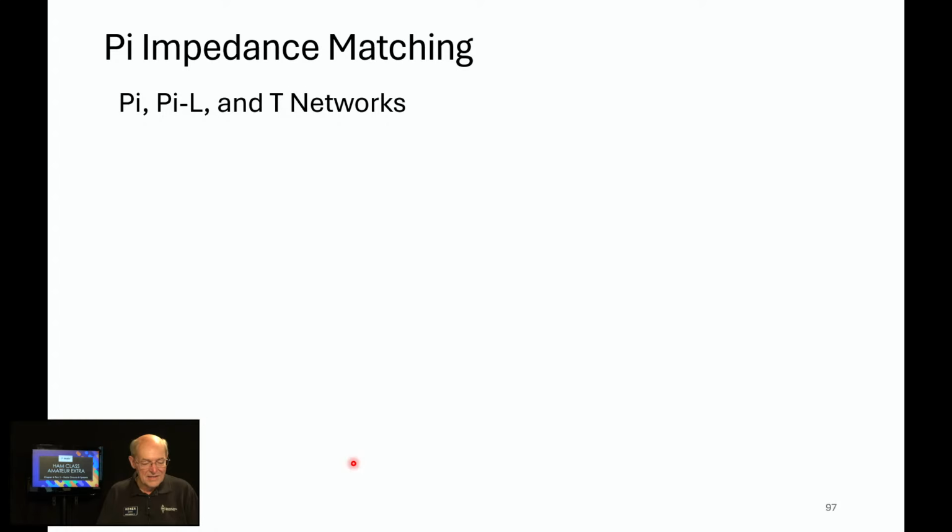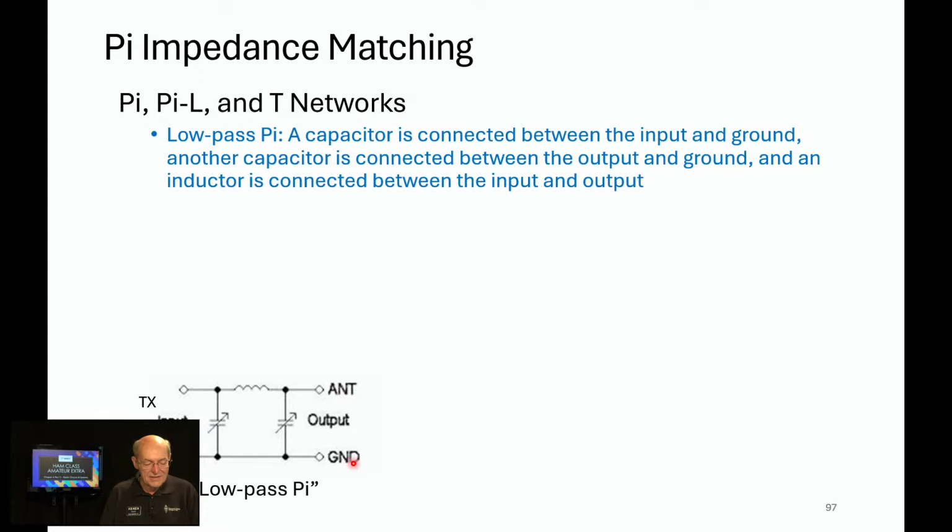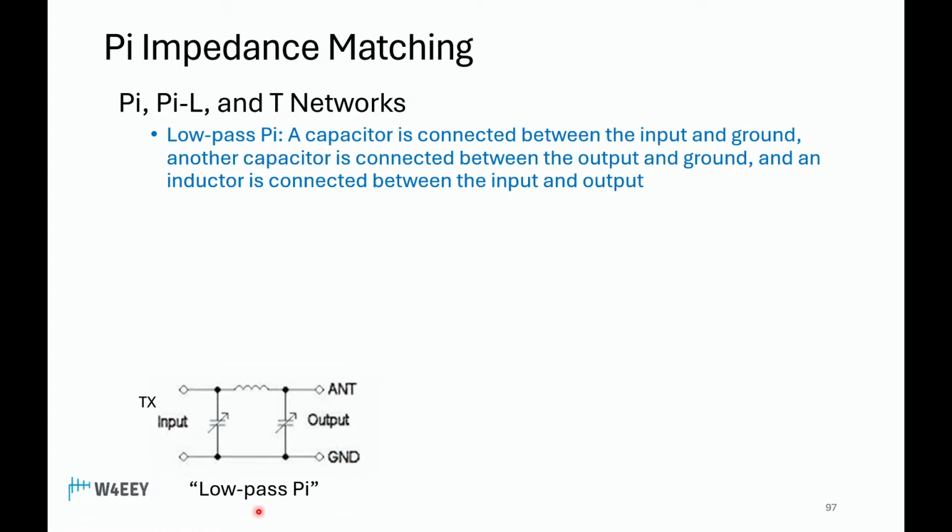All right, so here are the kinds of networks, and the characteristics you need to know about. So here's a low pass pi. Low pass, because we've got an inductor. I go under the limbo bar. Low pass pi. Capacitor. Now, the easiest way to think of this one is to identify the series element first. And they really confuse you because they talk about the shunt element in the first part of the answer.